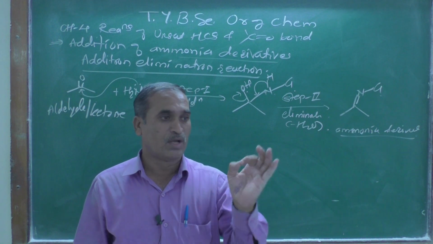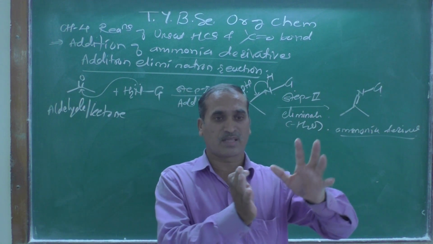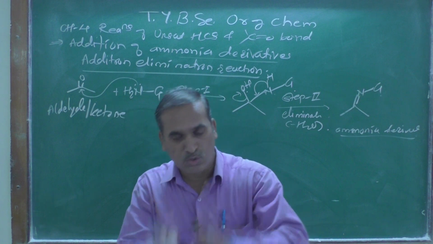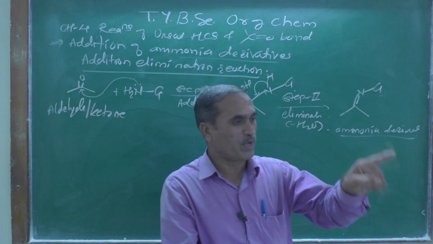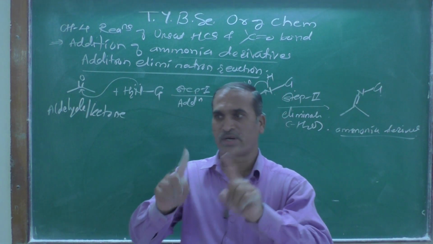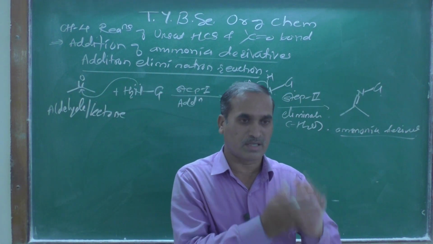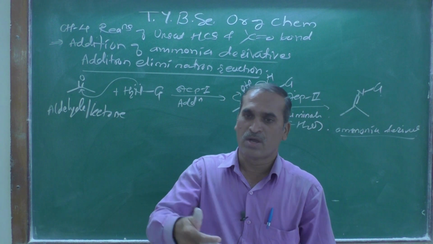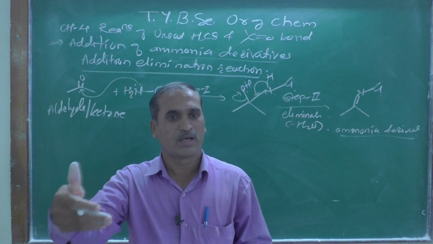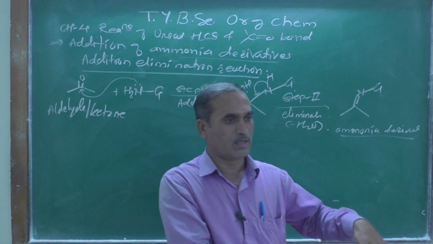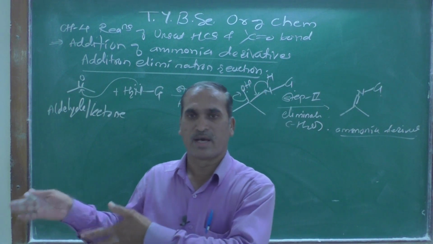For example, 2,4-DNP. These are the classical tests used to identify whether the given compound contains a carbonyl group or not. This is one of the classical tests we perform in our regular practical course in the laboratory.